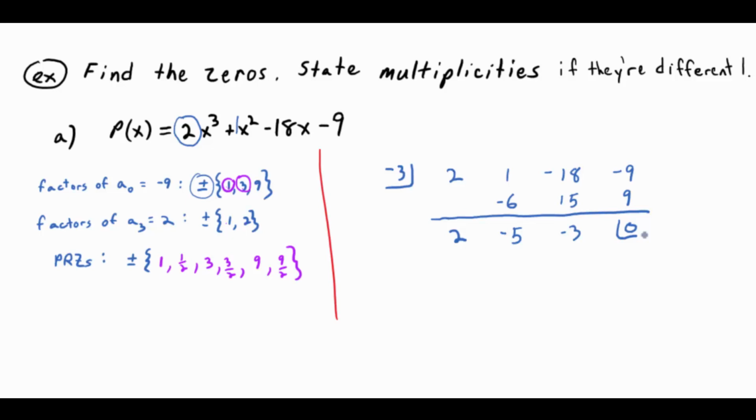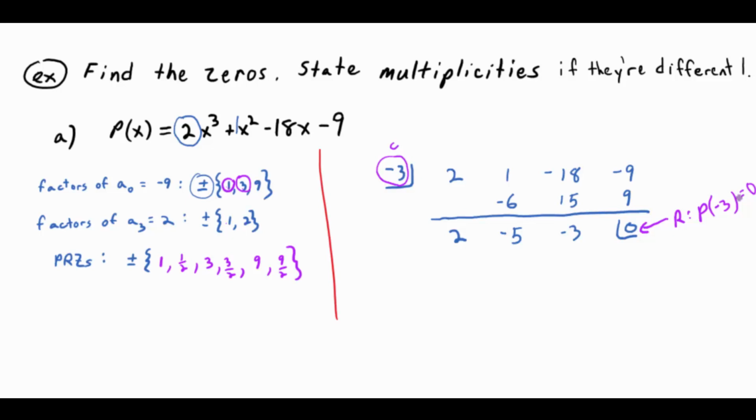So you just verified. Now, let me remind you what the remainder theorem says. The remainder theorem says that this remainder, R, is equal to P of the value up in the corner, we call C. It's equal to P of C, right? Which is P of -3. So you just verified that P of -3 equals 0, right? That's the remainder theorem.